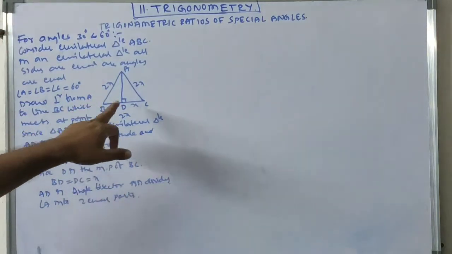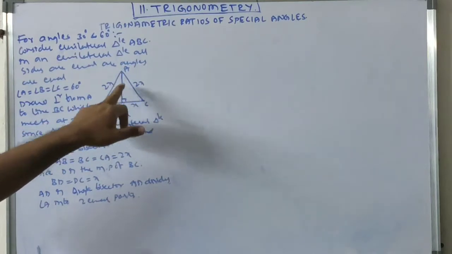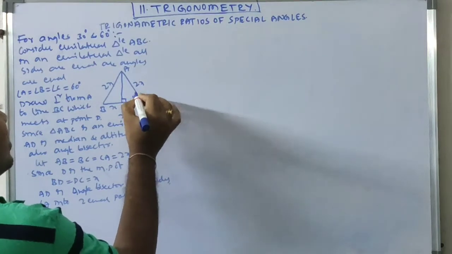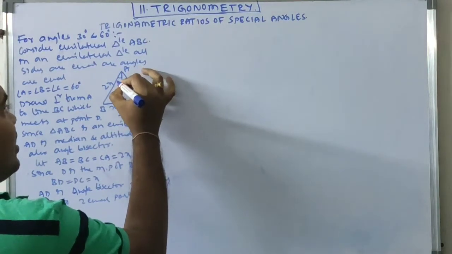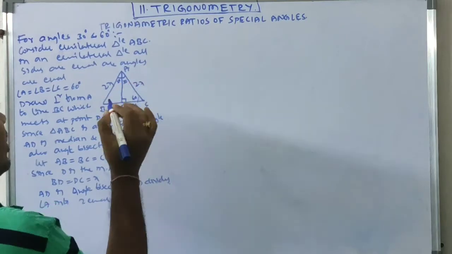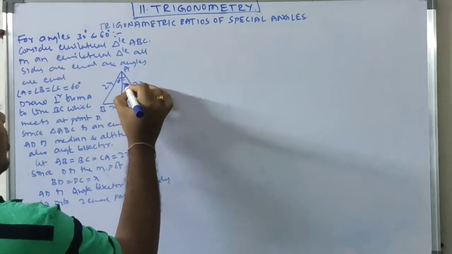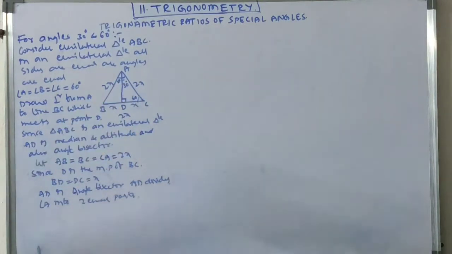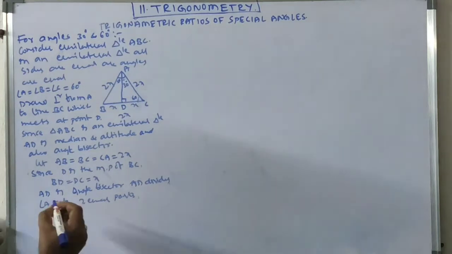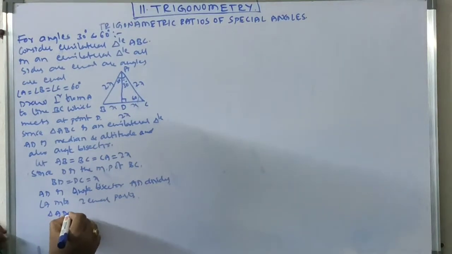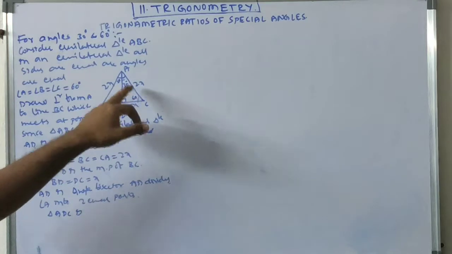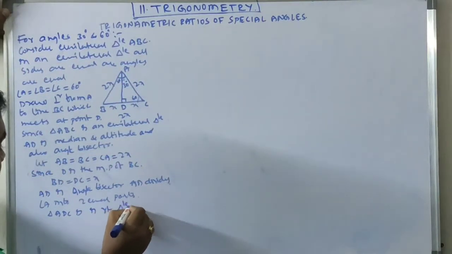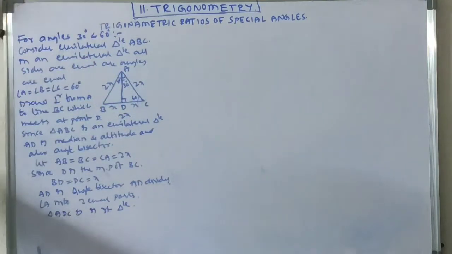Actually this angle A is 60 degrees, so this angle is 30 and this angle is also 30 degrees. So this is 30 degrees, this is 60 degrees, this is 90 degrees. So if we take triangle ADC, this triangle ADC is a right triangle.